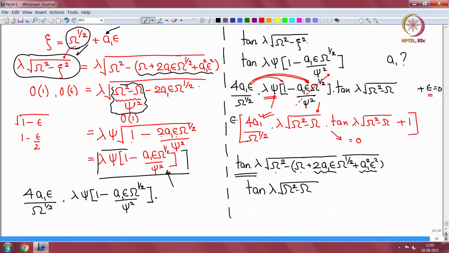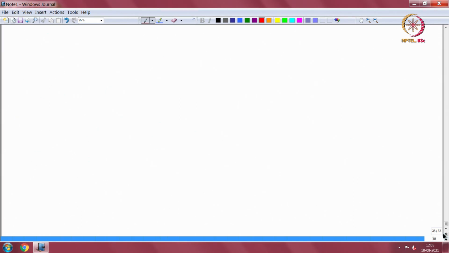So let us see. I have 4A1 by omega to the power half, lambda square root of omega square minus omega into tan lambda square root of omega square minus omega, plus 1 equal to 0. So we have balanced the equation at order epsilon.